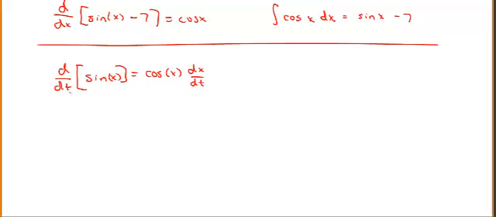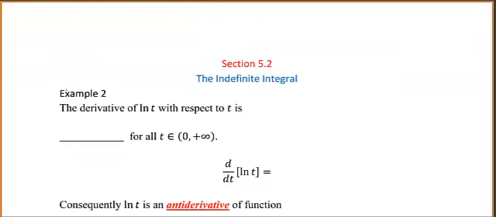So the antiderivative with respect to t of cosine of x times dx dt is equal to sine of x plus a constant. Notice this expression tells me what I'm integrating with respect to, and we're working backwards through the formula where we're differentiating with respect to that very same variable. So I want you to keep that in mind.